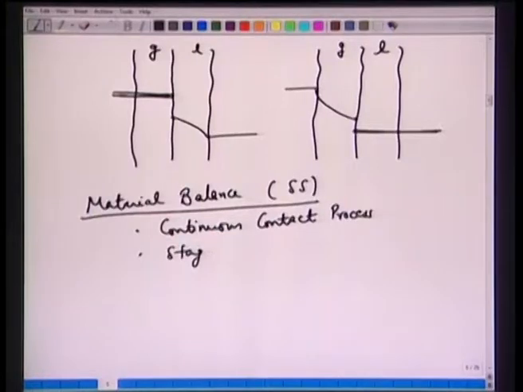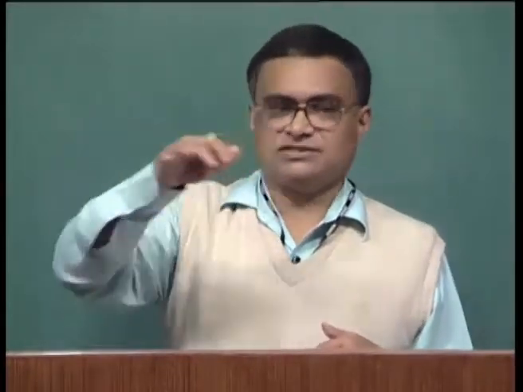This we discussed in the previous lectures, that we have 2 types of contactors. One is continuous packed column, for example in case of absorption, or we can have stage wise contactors or cascades in case of distillation. So now we are trying to make a material balance in these 2 cases. First we start with the continuous contact process.